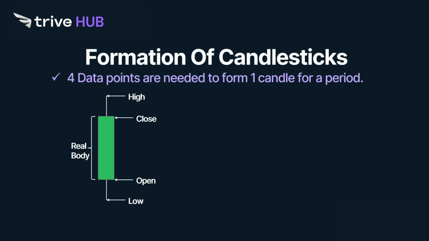So this makes a full candle. This candle is a bullish candle because the opening price is less than the closing price. Meaning in this whole day the price has increased. All of the bullish candles will have the same type of formations.